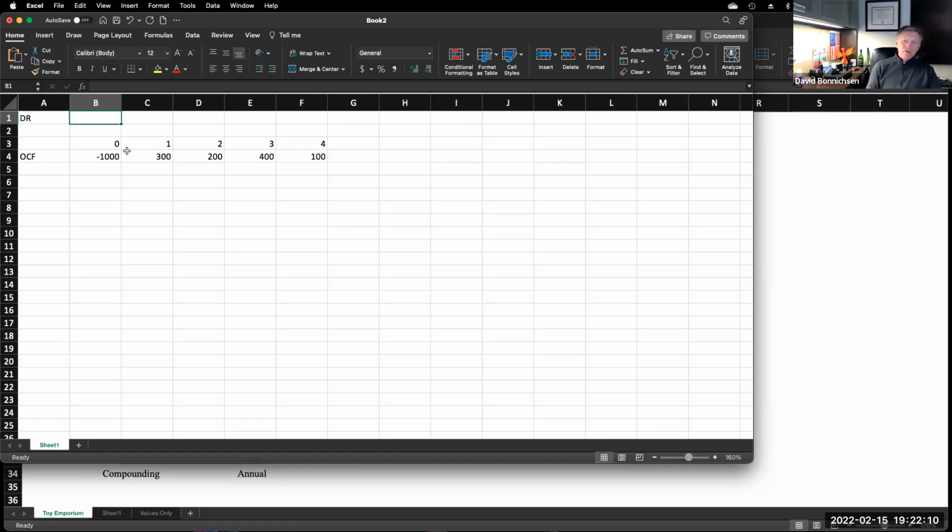And as managers, we've determined this capital structure between debt and equity, and we're currently earning 10% on our money.